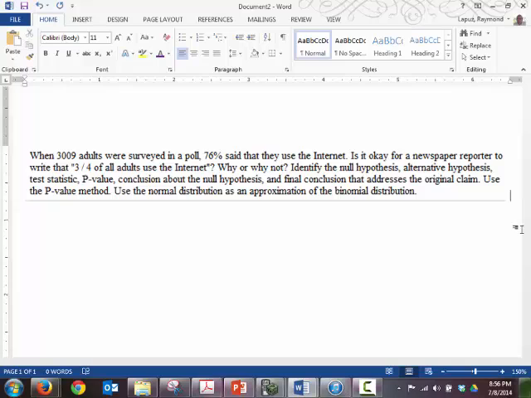Why or why not? They want us to identify the null and alternative hypothesis, p-value, conclusion about the null hypothesis, final conclusion that addresses the original claim. Use a p-value method. So let's approach this using the 8-step process that we've already discussed and see if we can do all that identification business.